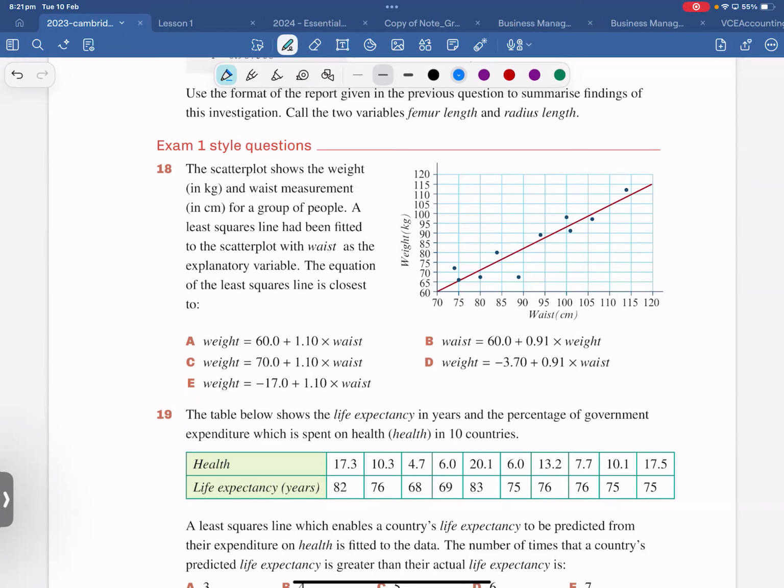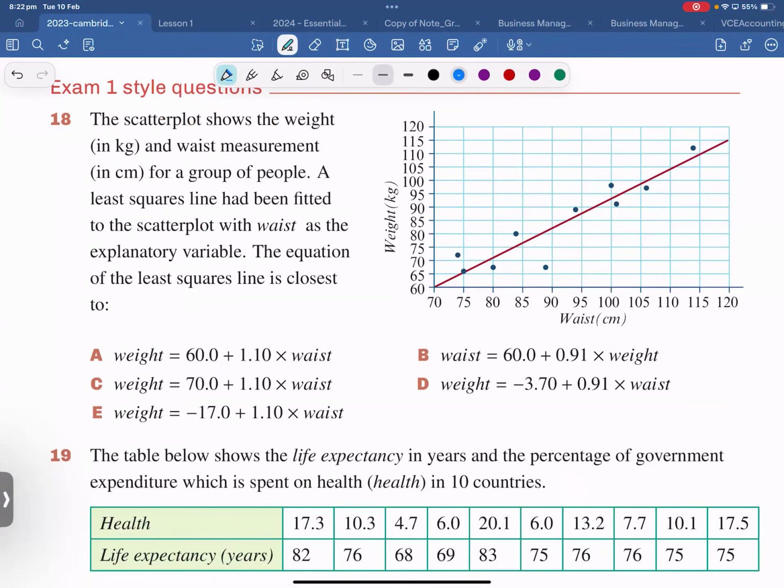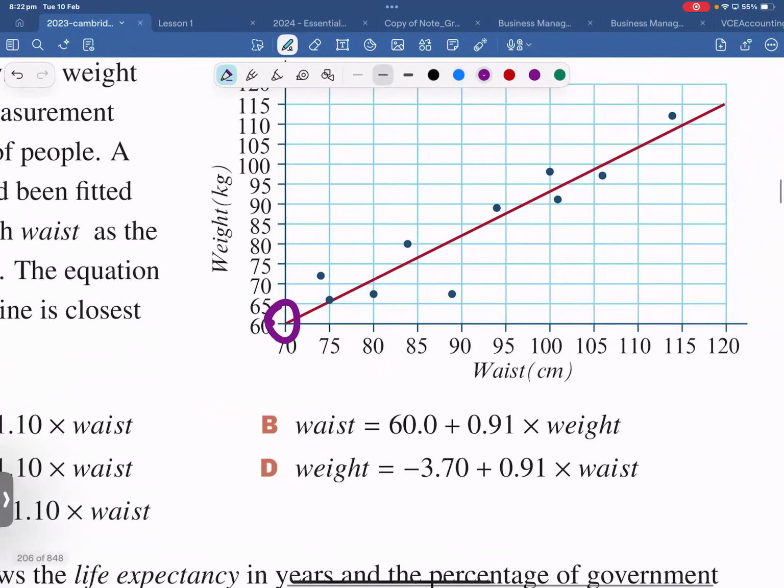Why? So all of you are saying, however, what is it? Your intercept is what? Is it 60? You sure? Intercept is 60? 70?